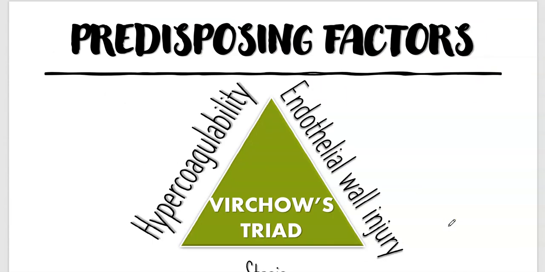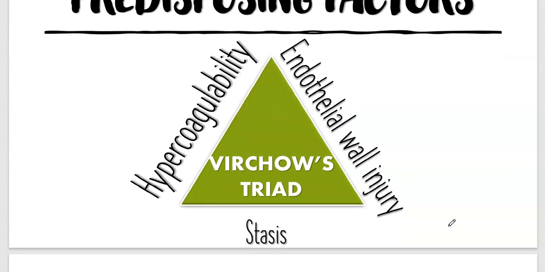Okay? Predisposing factors, we have what we call your Virchow's triad. Okay? Triad, tatlo. Kasi it's guided by your three manifestations or clinical features of these pulmonary embolism. So we have here your hypercoagulability. When we say hypercoagulability, mabilis ang coagulation, mabilis mag-clot.